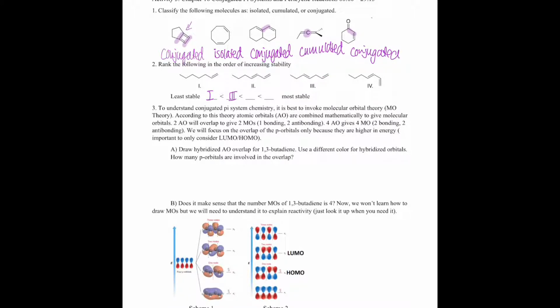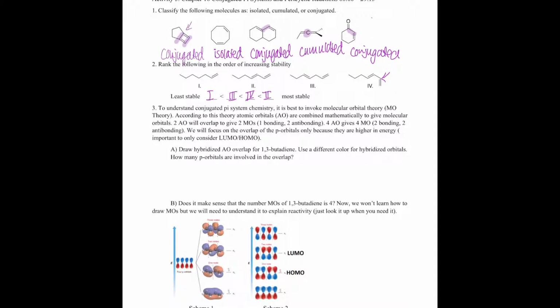So we can already put that there. And then now we're just looking at 2 and 4. We know that 2 is going to be more stable because they're in a trans fashion, whereas number 4 is in a cis fashion. So that's your ranking from least stable to most stable.